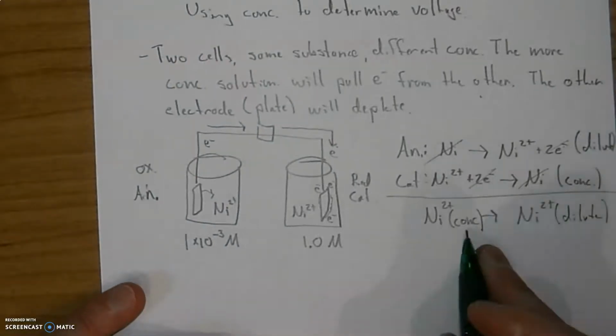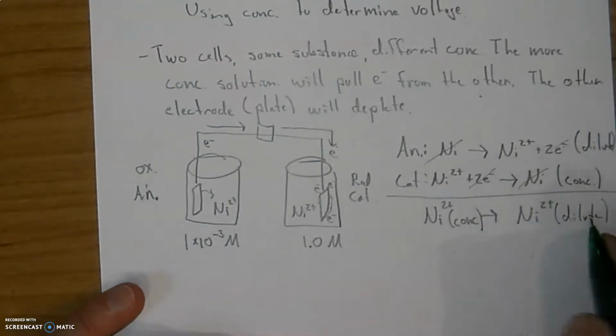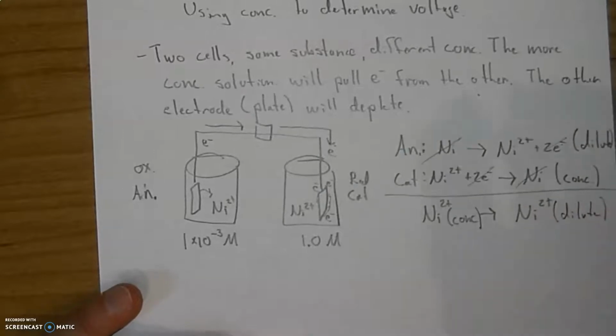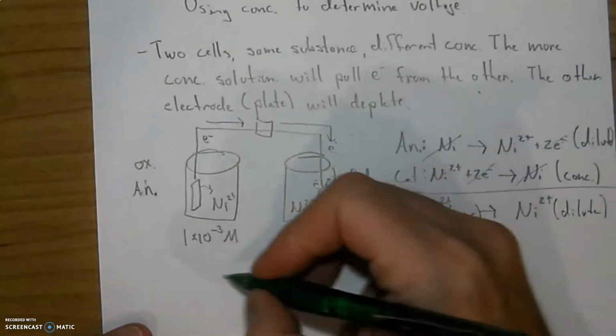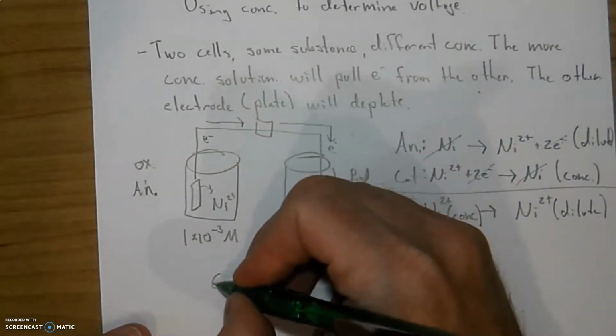So the concentrated is going to be compared to this, and I do this for a reason, to set this up. We said we're going to use the Nernst equation for this problem, and here we go. This is where the magic starts to happen.